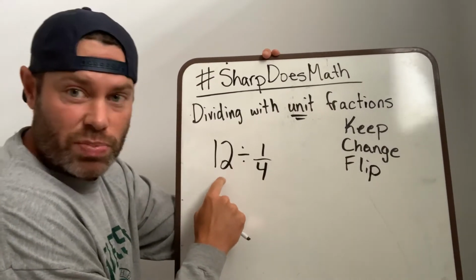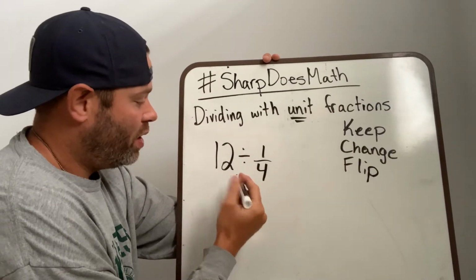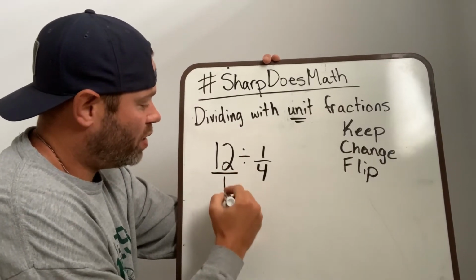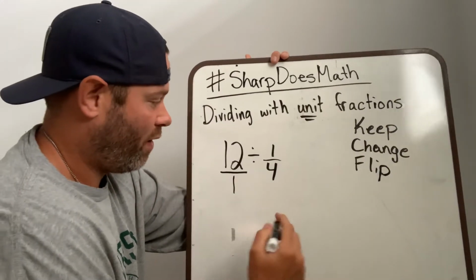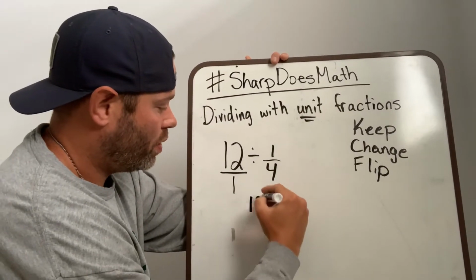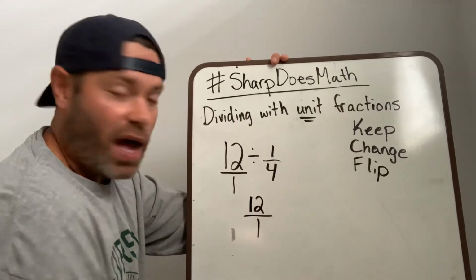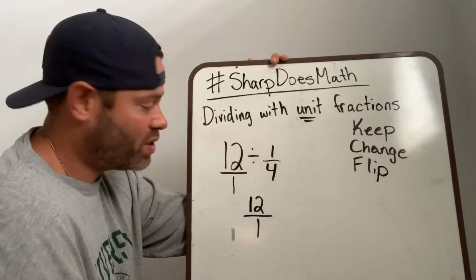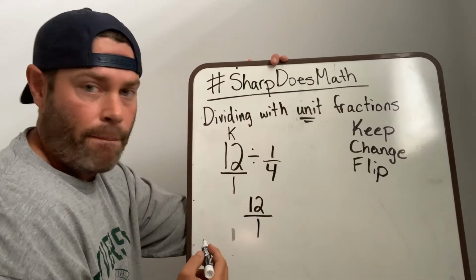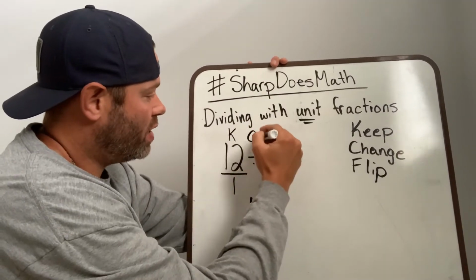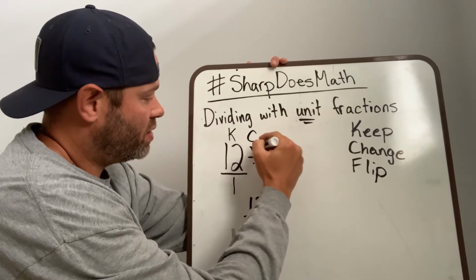So I mentioned this before, your whole number, that's the same as putting it over 1. So when we keep this, we're going to keep that the same. 12 over 1 is going to stay the same. We're going to change this division symbol.